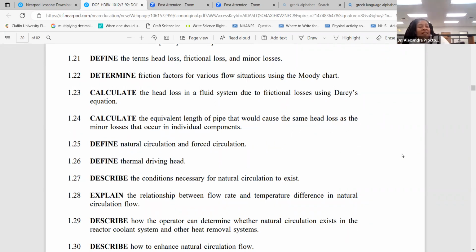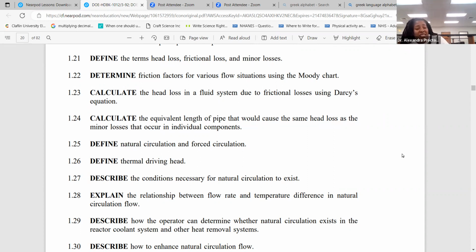Calculate the equivalent length of pipe that would cause the same head loss as the minor losses that occur in individual components. Define natural circulation and forced circulation. Define thermal driving head.